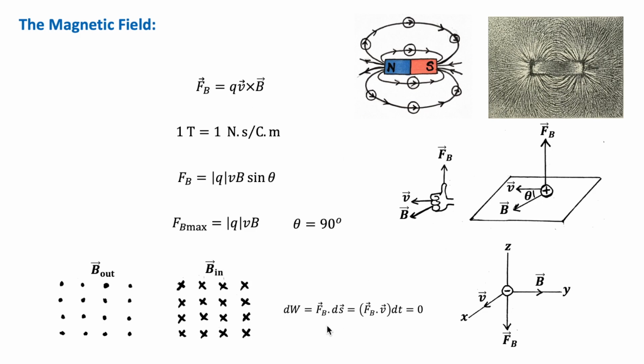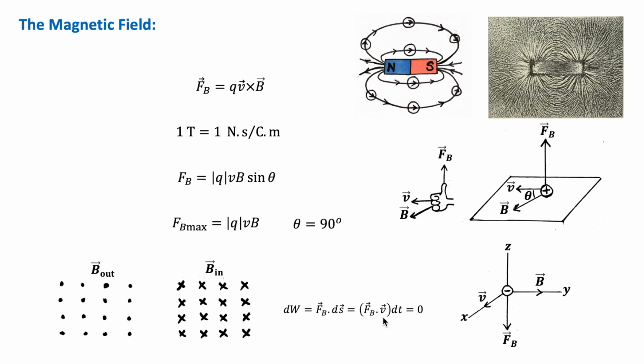This is because if a charge moves in a constant magnetic field, the magnetic force is always perpendicular to the displacement. So for an infinitesimal displacement, ds, the work done by the magnetic force, dW, is equal to Fb dot ds, which is equal to Fb dot v dt, which is equal to 0, because Fb is perpendicular to v, right? And so it follows from the work energy theorem that the kinetic energy of a charged particle does not change due to a magnetic field.